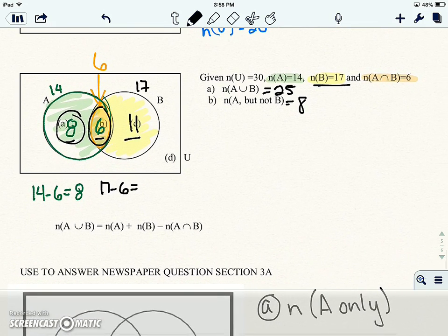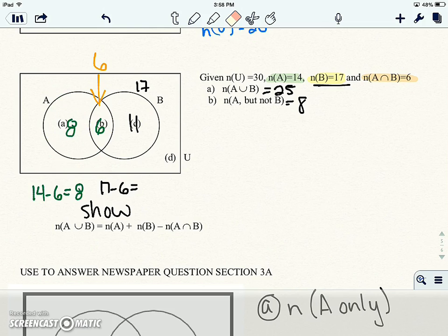And then it says, show, this would say something like show that A union B is the same as all of A plus all of B minus the intersection. What do I mean by that? Well, we know now that we have 14 in A, 17 in B, and that's how it breaks out. So A union B, we just said was 25.